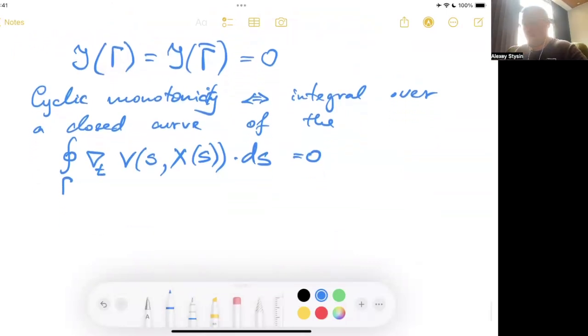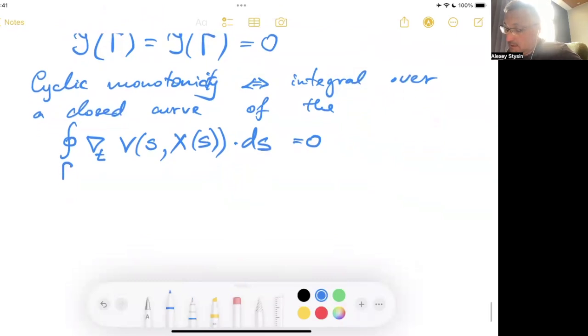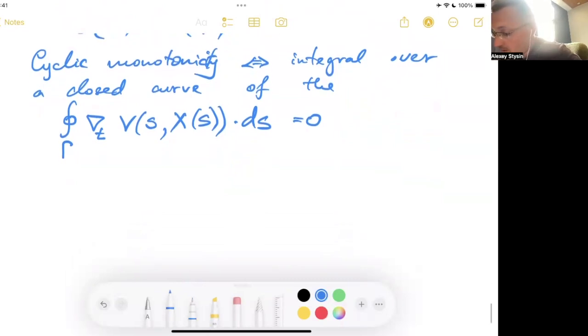Well, from here we will get that the integral between 2 points does not depend on the details of the curve of integration, but just on the start and end point. So let's see that. Consider 2 points, t1 and t2. What we want to prove now is that the integral between t1 and t2 over any path does not really depend on the path.